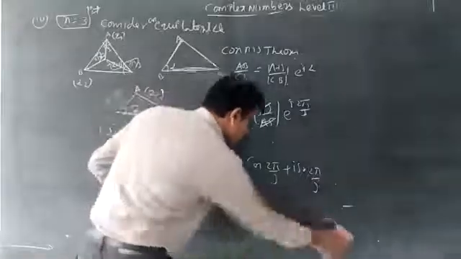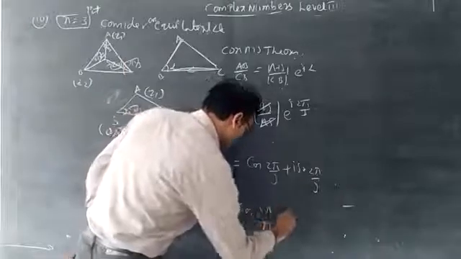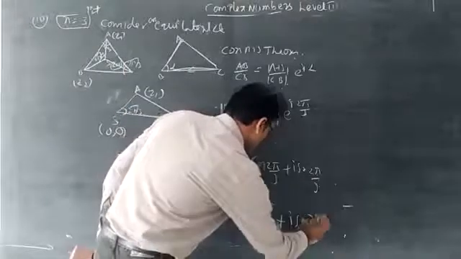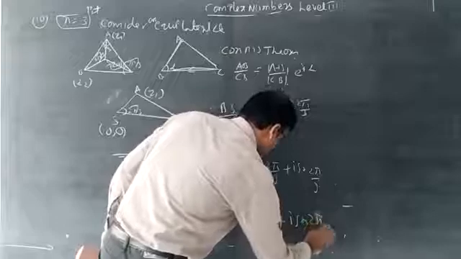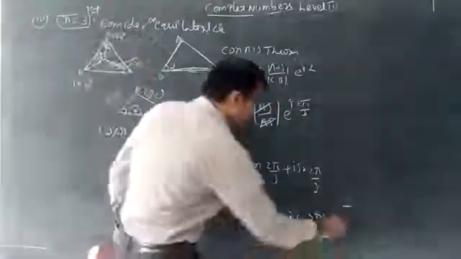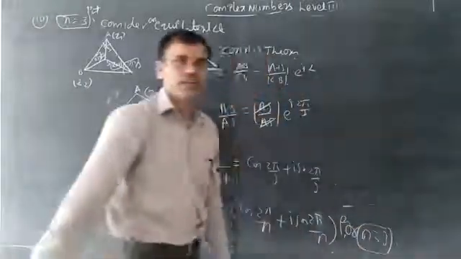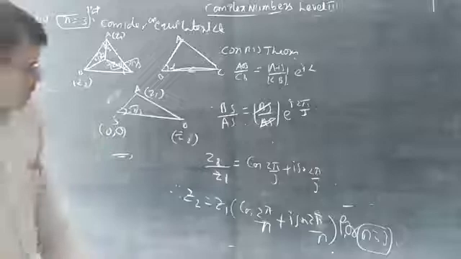You write now this is 2 pi by n, cos 2 pi by n plus i sin 2 pi by n, because I have taken only n is equal to 3. For an n-sided regular polygon, you can apply it is n.